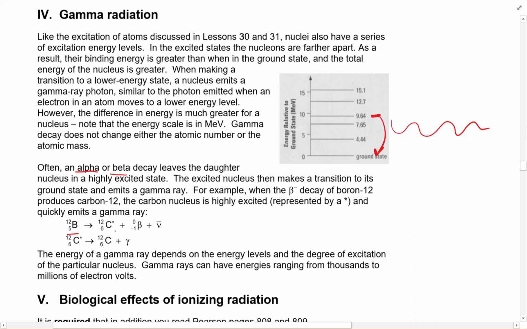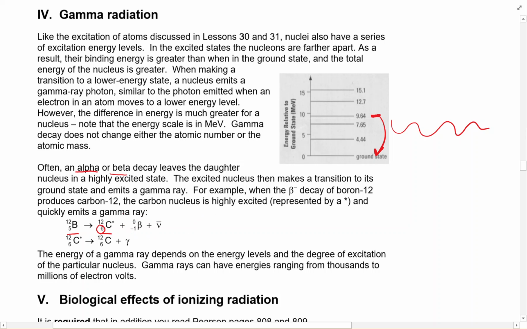So you've got boron decaying into carbon. It'll change the charge on this, so it would emit an electron and an anti-neutrino. Beta minus decay is what just happened there.